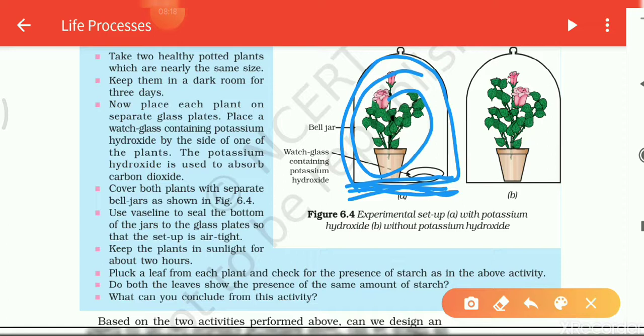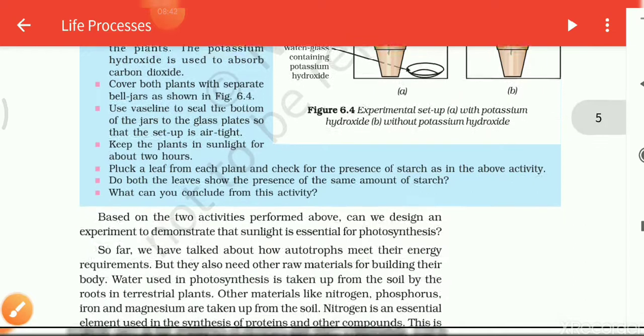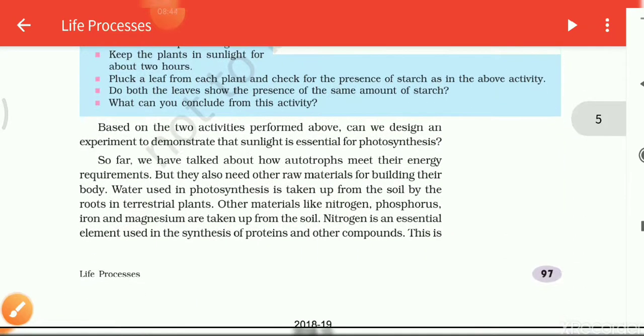This shows that carbon dioxide is very necessary for photosynthesis. In the conclusion we can see that photosynthesis to make starch in the leaf does not take place without carbon dioxide. Students, this experiment proved that carbon dioxide is very necessary for photosynthesis. Now let's see another paragraph.